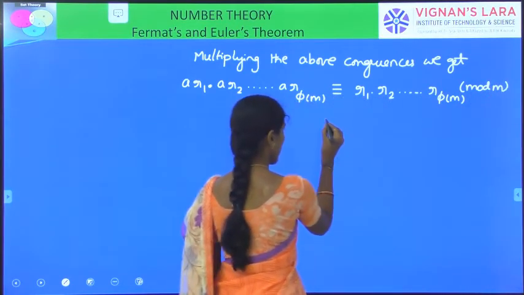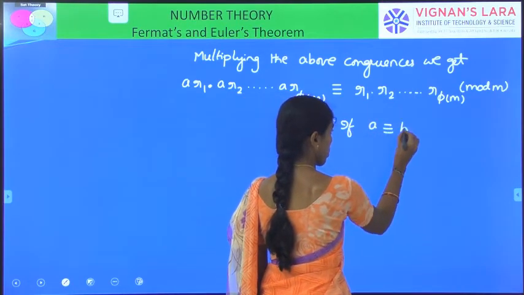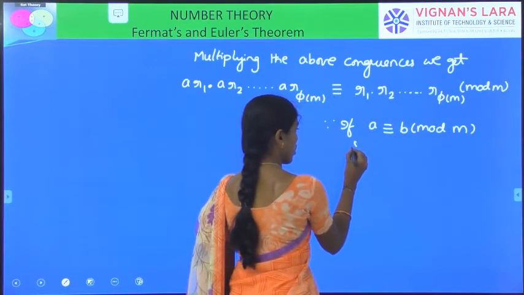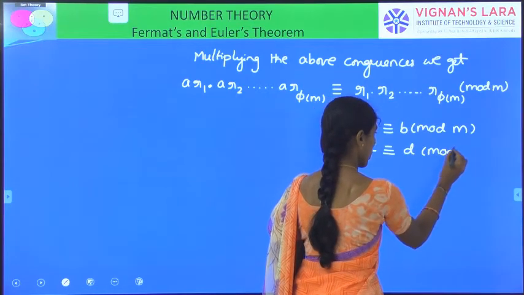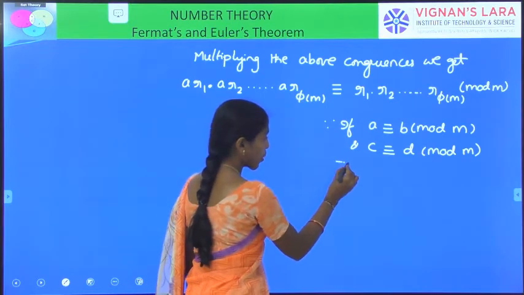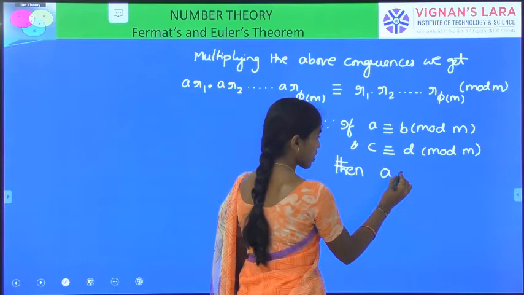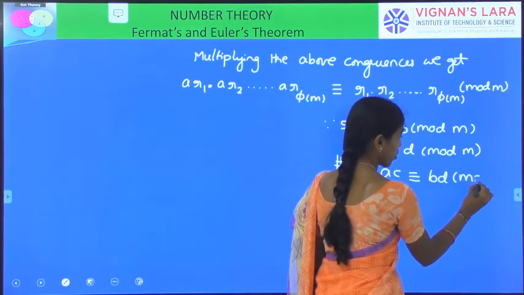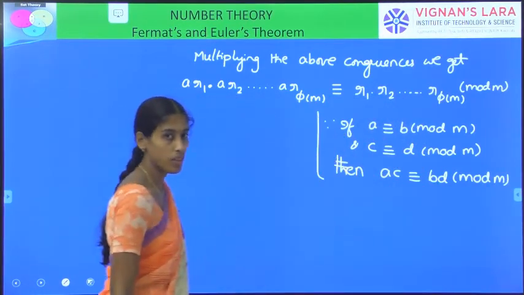Now for this multiplication, we follow this rule. If a is congruent to b mod m and c is congruent to d modulo m, if two such congruences are there, then using the property of congruence, we can write that ac is congruent to bd modulo m. Both LHS and RHS we are multiplying.